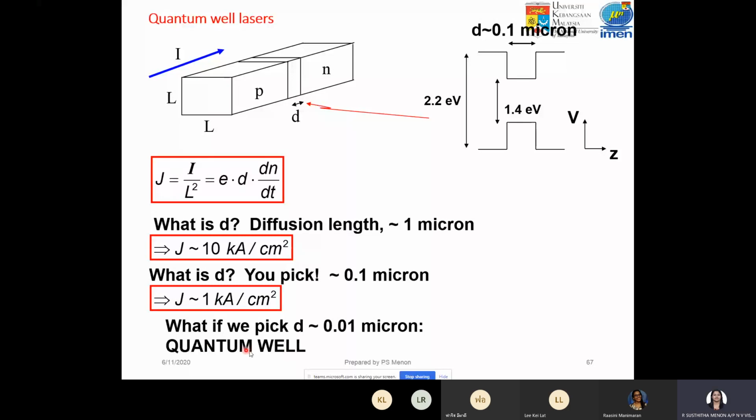If we make it into a quantum well, the thickness is 0.01 micron, about 10 nanometers. So how much will this become? Now we do max. How much? 0.1. Yes, correct. So the current becomes smaller.